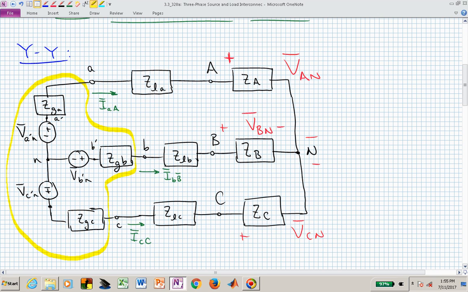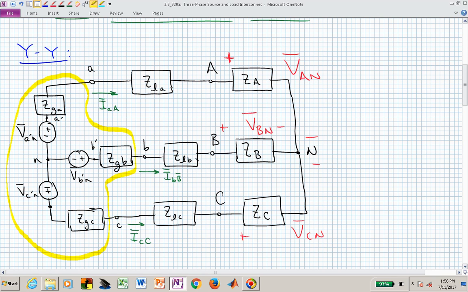You would have these generator terminals. Embedded inside there are the generator voltages, A, B, and C, and the impedances that we're lumping into Z sub GA, Z sub GB, and Z sub GC. We then have the transmission lines for all 3 phases.